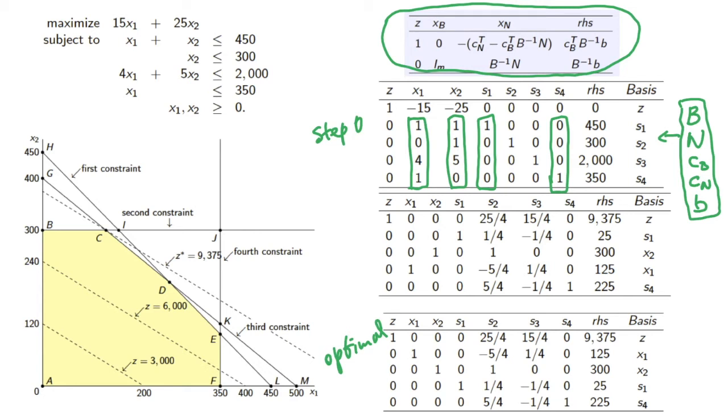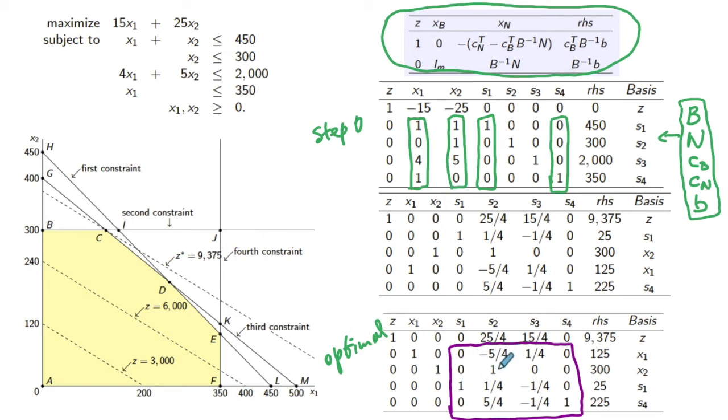And now by the Gauss-Jordan rule, we can read our B inverse from the columns corresponding to the slack variables, because what happened here, the columns corresponding to the slack variables were originally forming the identity matrix, but then after we applied several elementary row operations and transformed our tableau to this one, now the columns corresponding to the basis form the identity matrix, and because of that, by the Gauss-Jordan rule, the inverse of B must be located at what used to be the identity matrix, the columns corresponding to the slack variables.